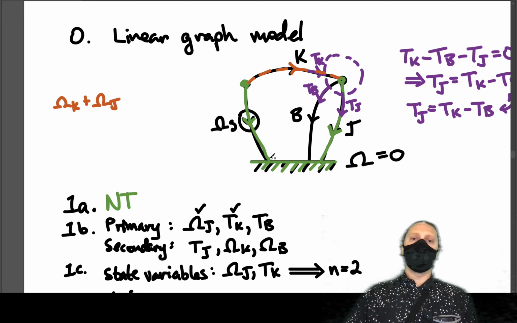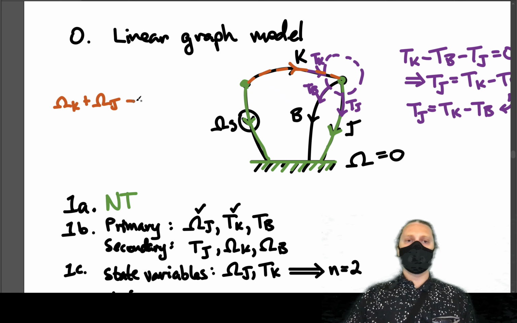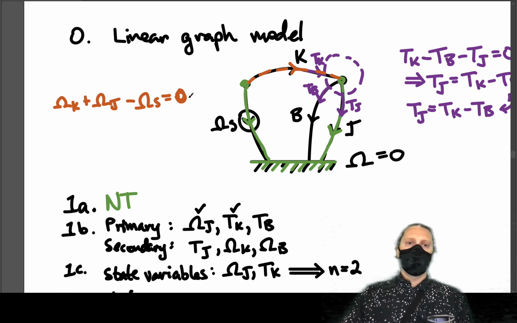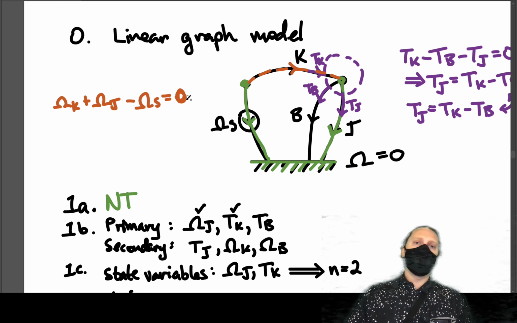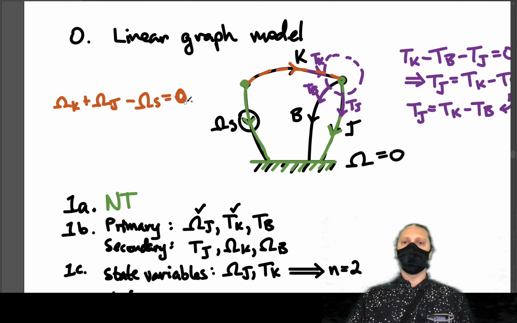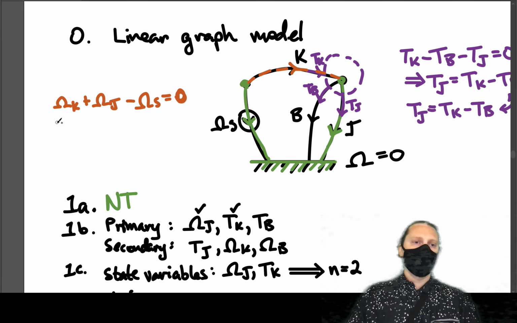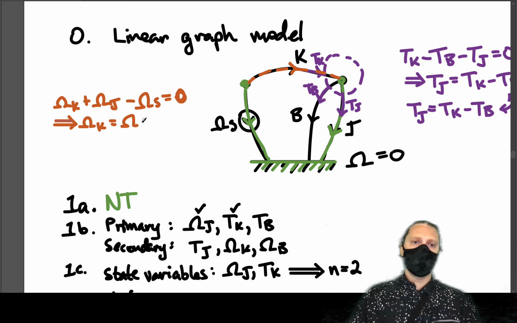And then you're going to gain here, so it's minus omega S equals 0. You then solve for the secondary variable associated with K, which is omega K. So that tells us that omega K equals omega S minus omega J.